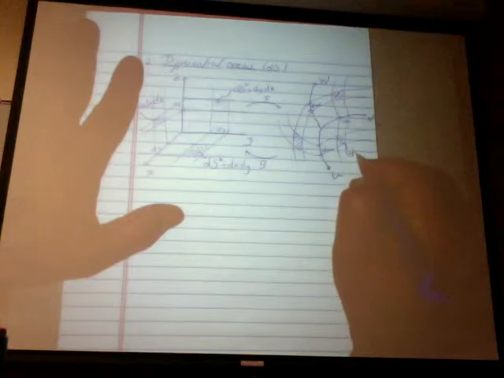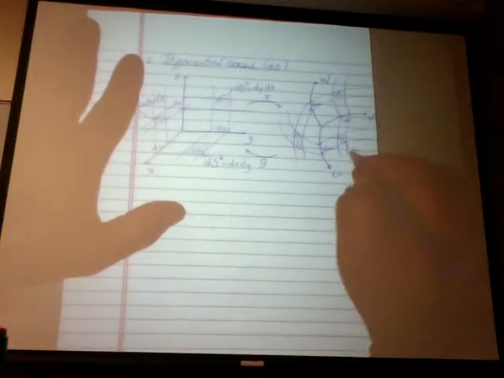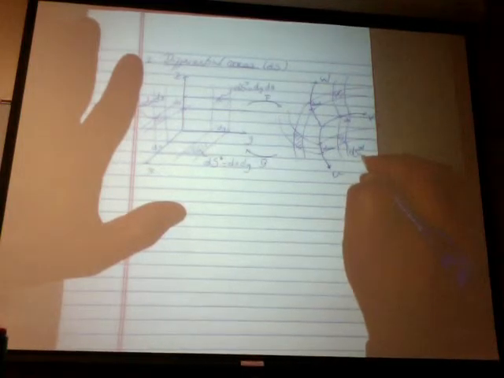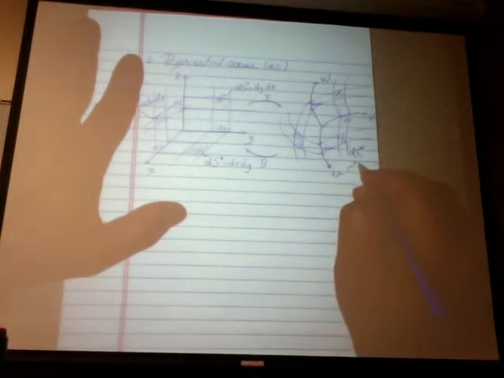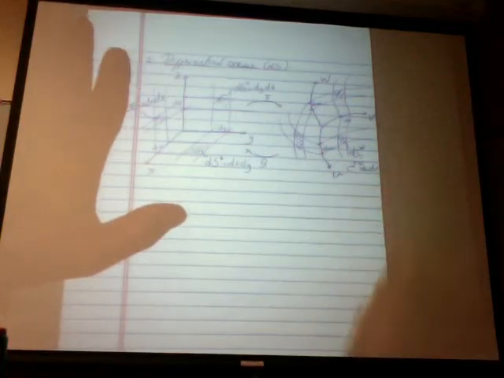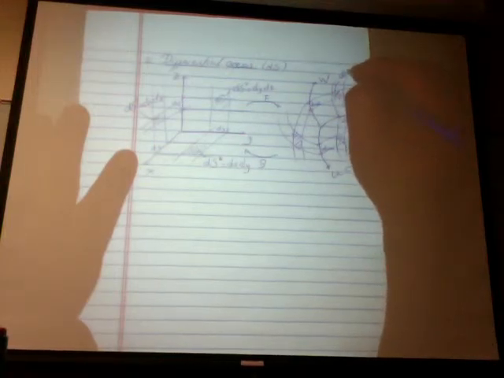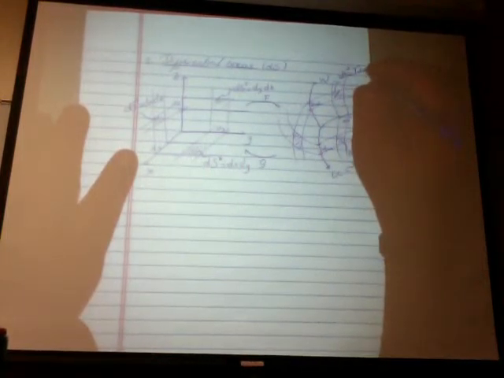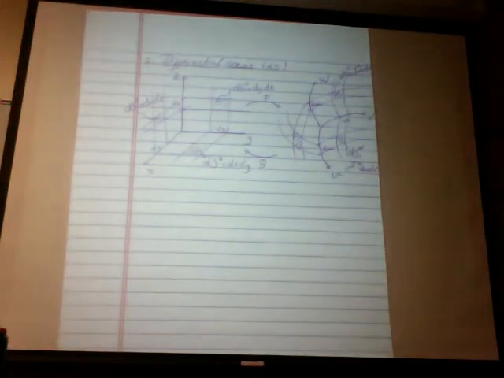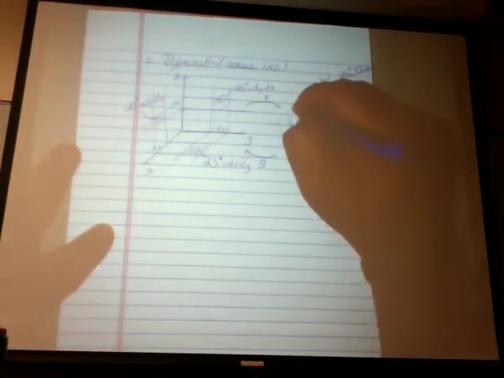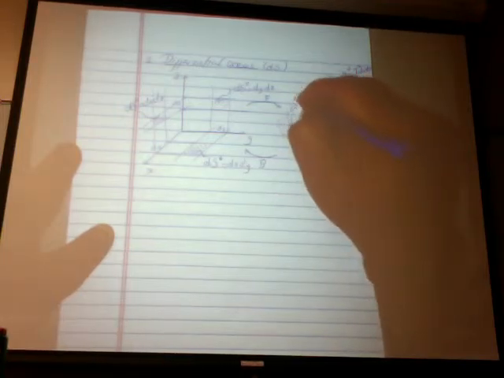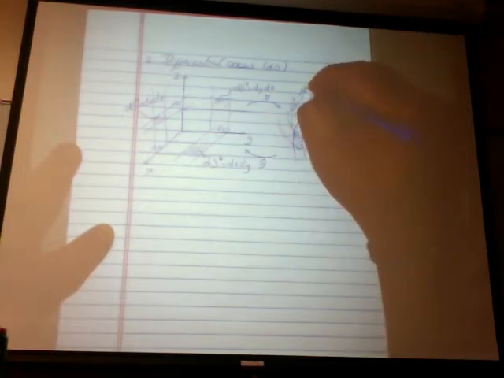Right? So right here we have a differential surface parallel to W, which is equal to the Jacobian of W times dU dV. This is a differential surface that is parallel to U, which is the Jacobian in the U direction times dV dW. And right here we have the differential surface parallel to V, which is the Jacobian in V, times dU dW.